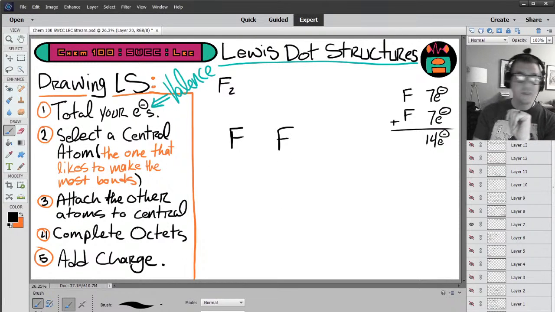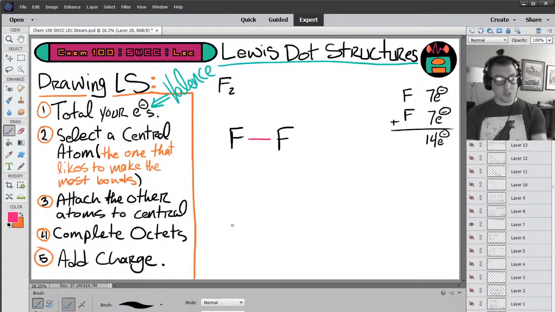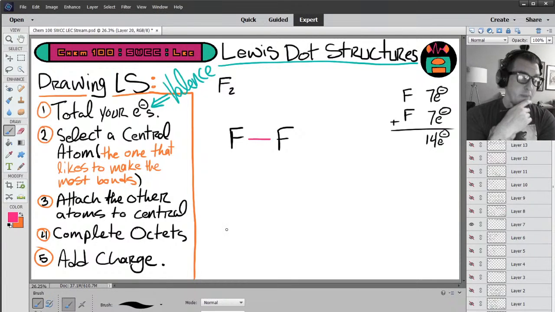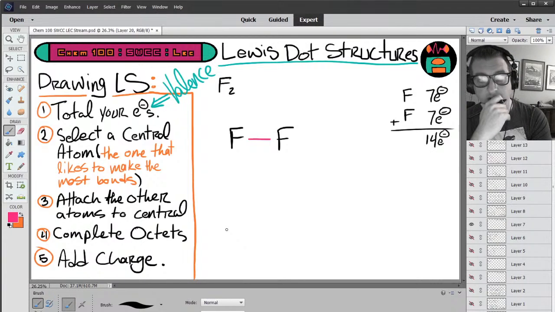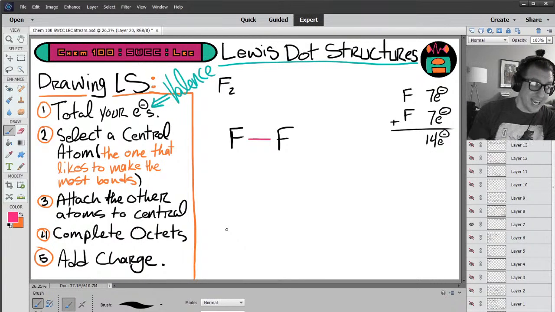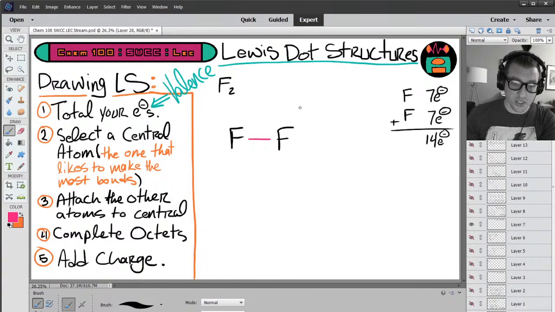Now here's the thing. We're about to make our first bond. And when you make a covalent bond between 2 atoms, let me ask you, what is a bond made of? What is in this covalent bond? The answer is 2 electrons. There's 2 electrons in that bond. So if we're going to make this bond, we are going to need to spend 2 electrons out of our budget.